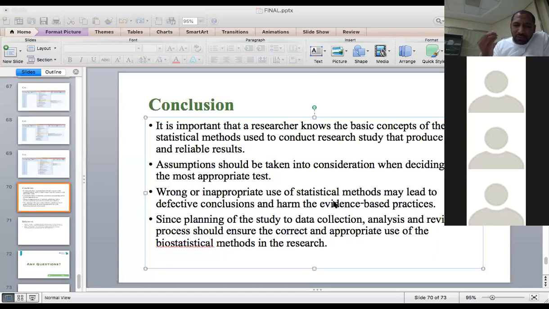Sample size, there are 3 parameters that influence or impact the sample size: p-value, effect size, and alpha level. The p-value can be 1% and it can be 5%. 5% will decrease the sample size, and 1% will increase the sample size.